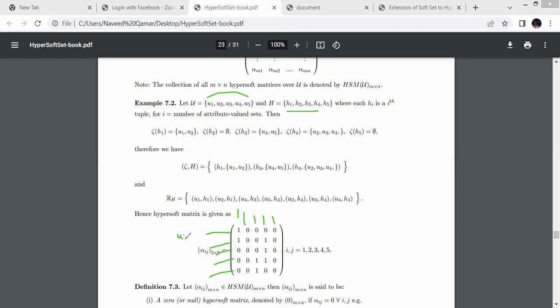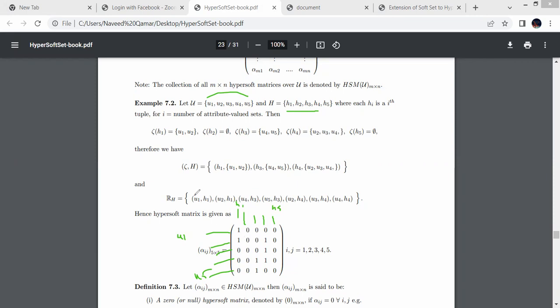This is U1 up to U5. This is H1, H2, H3 up to H5. So remember that the elements of the universal set will decide the rows of the matrix, and the elements of the other set, H, that is the attribute values, will decide the columns of our matrix.